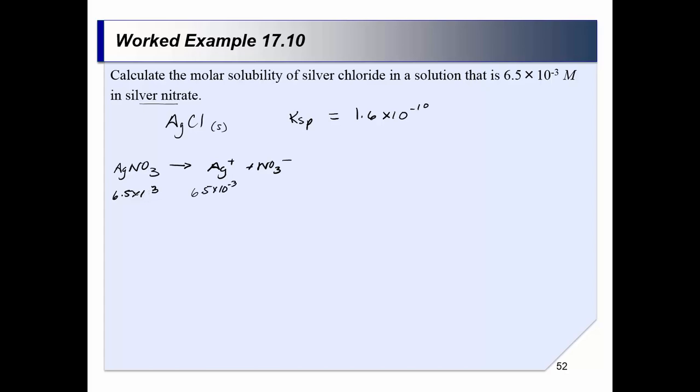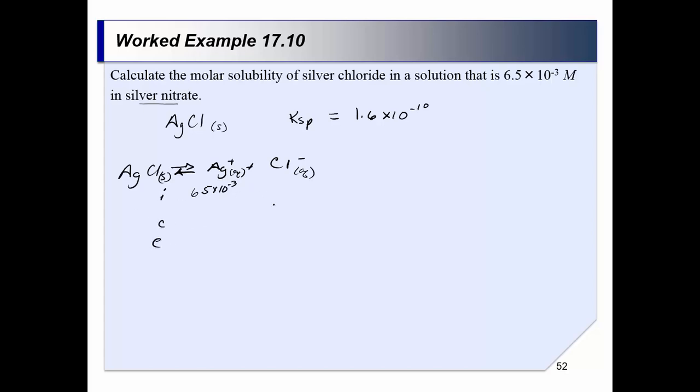So now what we have is a start for our Ksp expression. If I have a solution that has some silver nitrate in it, and I start with a little bit of my silver, so I have my initial, then I'm going to change.